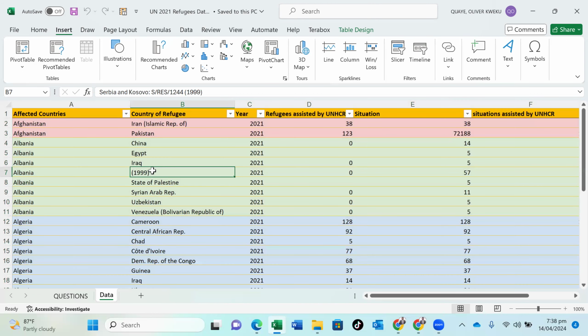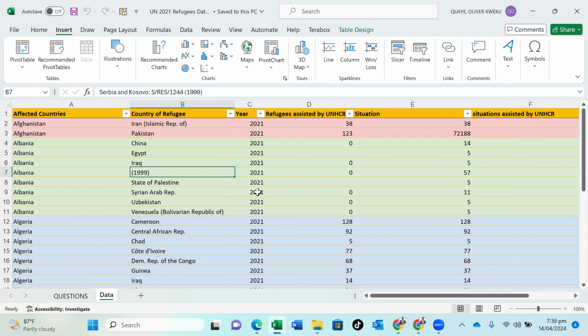So you may choose to convert your table into a nice table design like this, depending on what you are doing. Now, this data set first is UN 2021 refugee data for some selected or affected countries around the world.